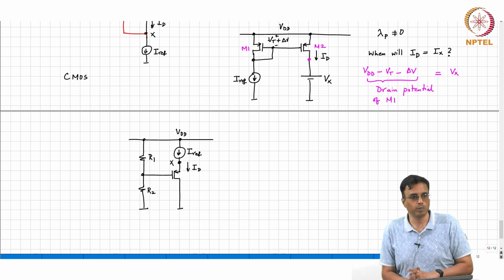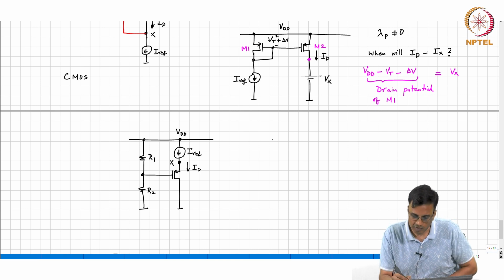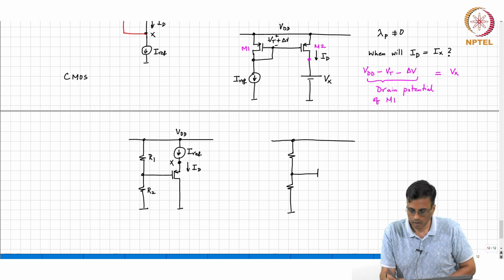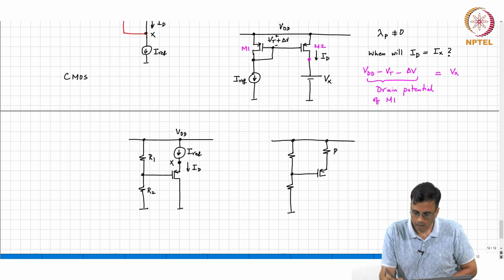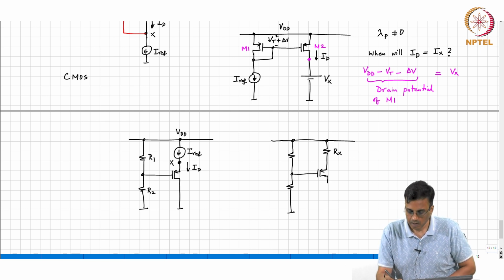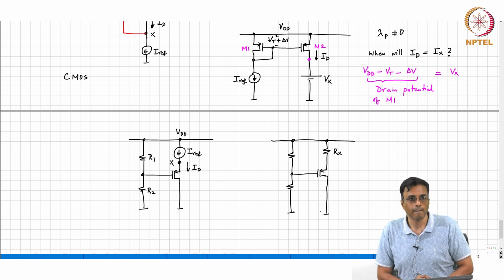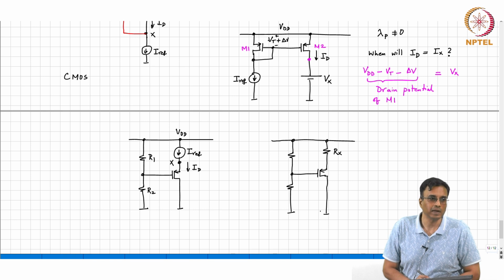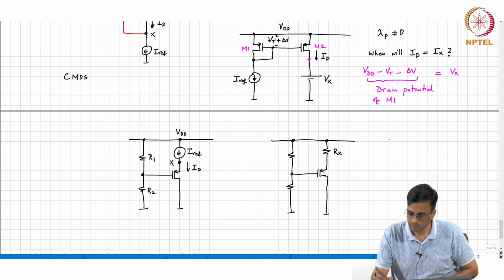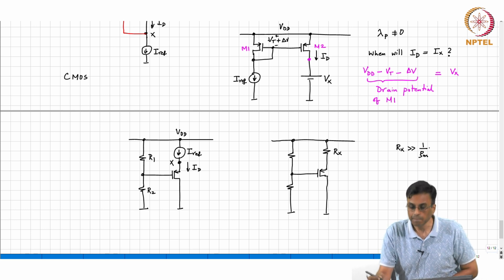And it's understood that if you put a large resistor, what is the meaning of large resistor? If this has to work well, I mean the suggestion is to put a large resistor. What is the meaning of large? Yes, Rx must be much larger than 1 over Gm.